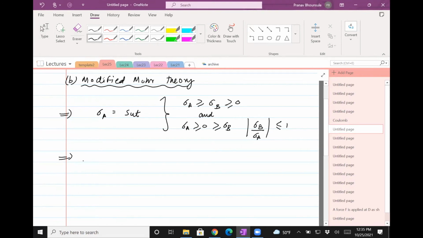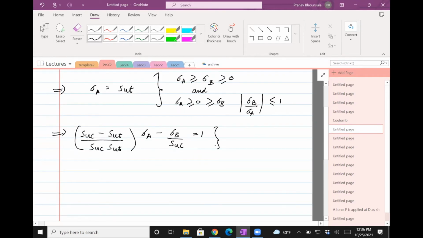Then there's another equation: SUC minus SUT divided by SUC SUT, the whole thing multiplied by sigma A minus sigma B divided by SUC, equals 1.